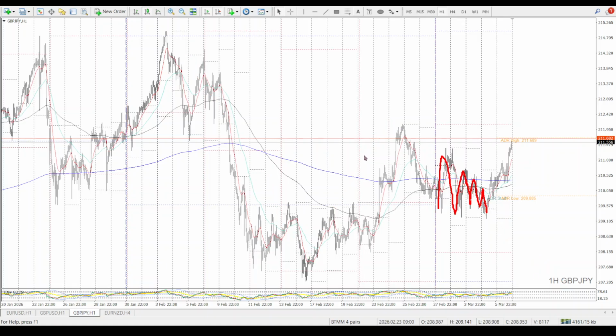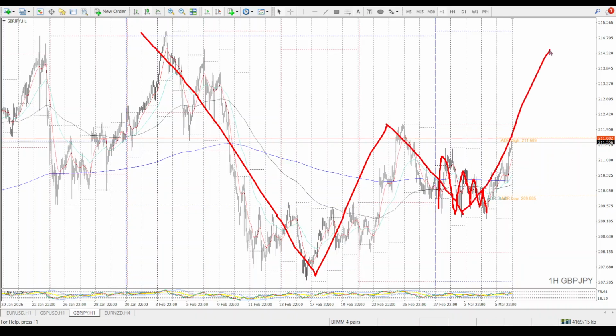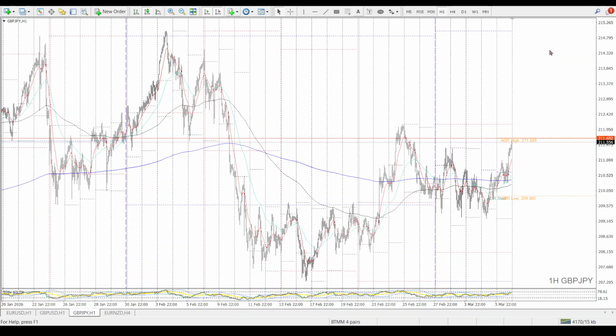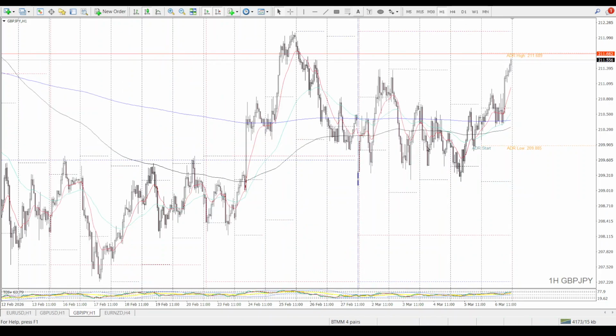Or are we done? We made a leg and we bounce and we go up. Now we broke down, and we went up. So this was the cycle during the week to the up.